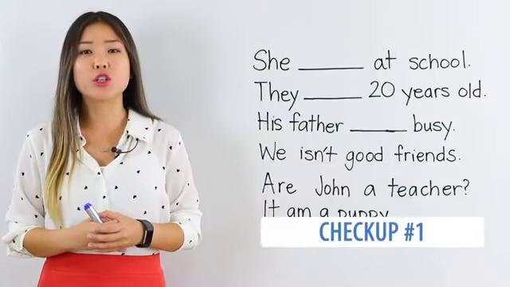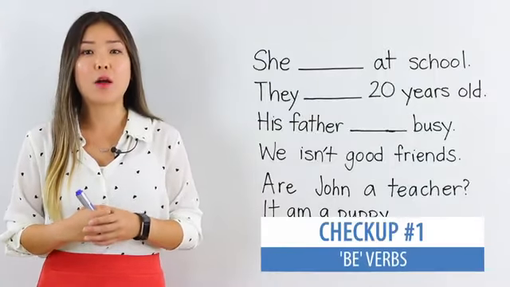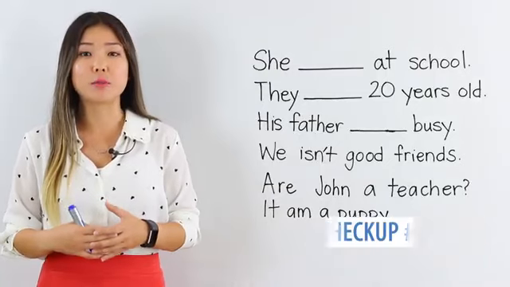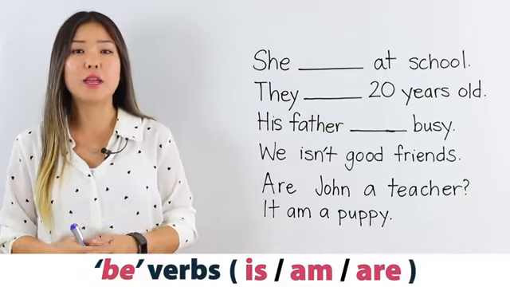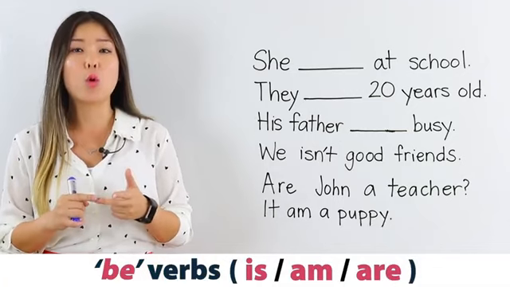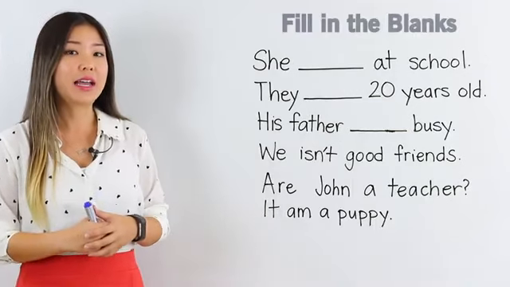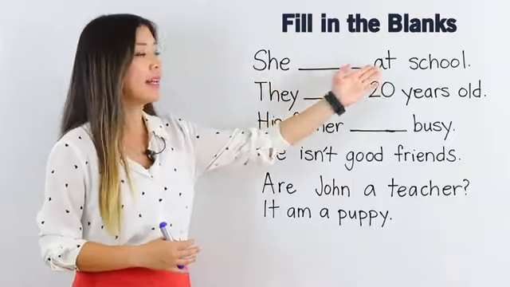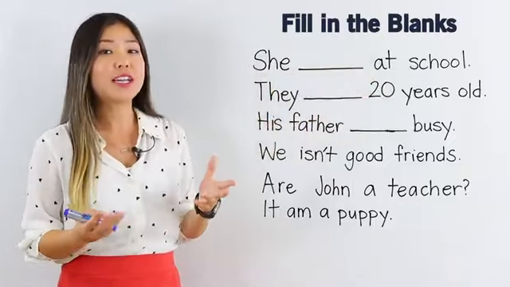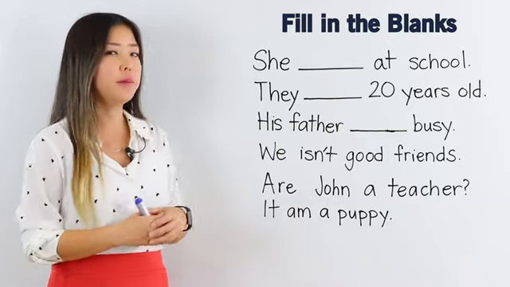Let's start with the first checkup. In this checkup, I want you to focus on the be verbs. Remember, be verbs in the present simple tense can be is, am, or are. Take a look at the first sentence. It says, she blank at school. The subject of this sentence is she.